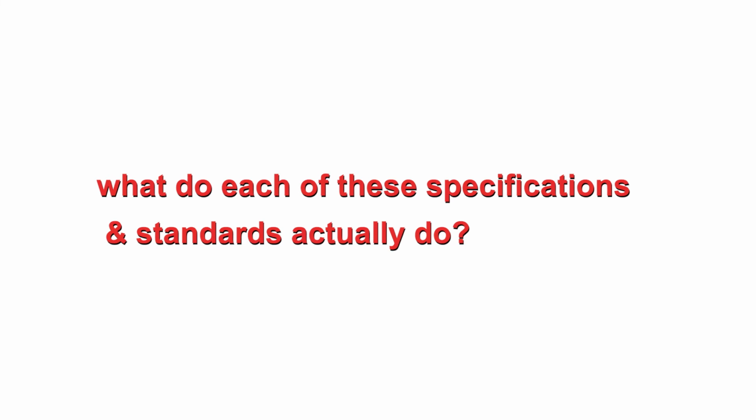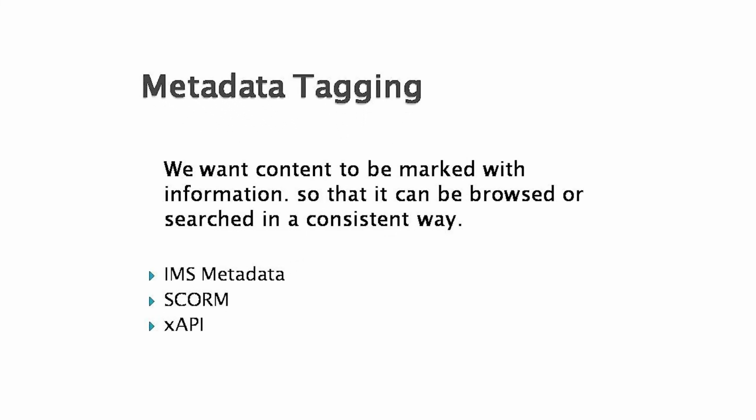So how are these specifications or standards actually doing that, how are we going to use them, and where are we getting this information? One is meta tagging, because meta tagging is very essential so that we can browse and search in a consistent way.